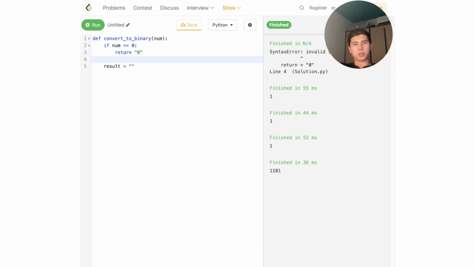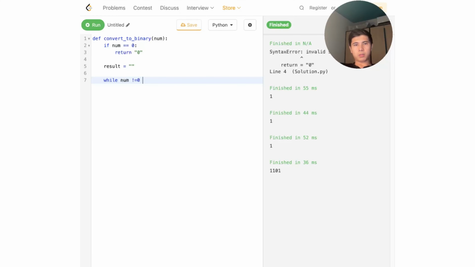After that, we collect all of our remainders, the remaining parts, within one variable, output, and we write a while loop for the iterations until the number becomes 0.